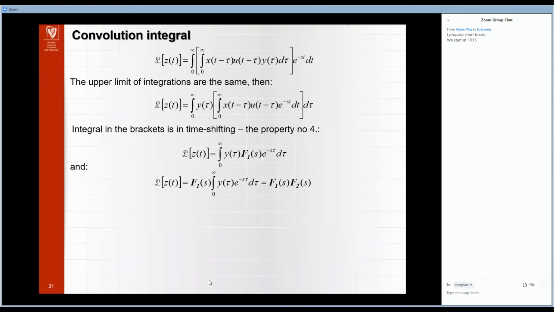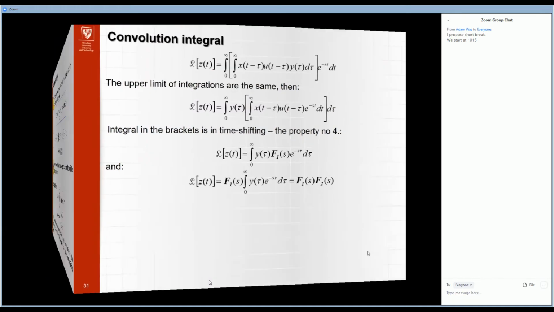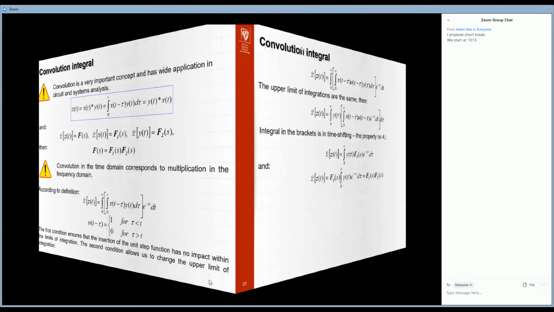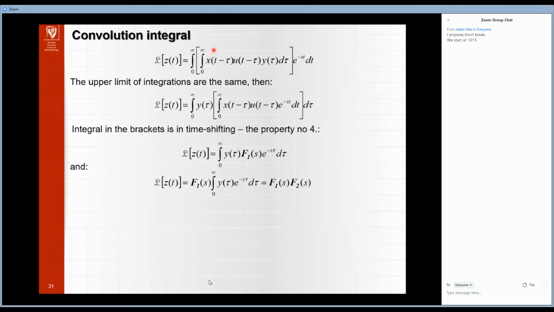When we calculate this, this information allows us to change the upper limit of integration. From now, instead of t, we have infinity.